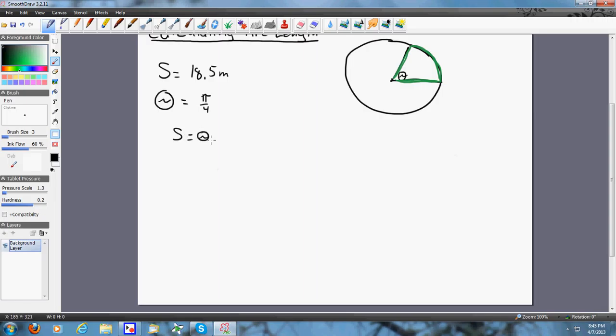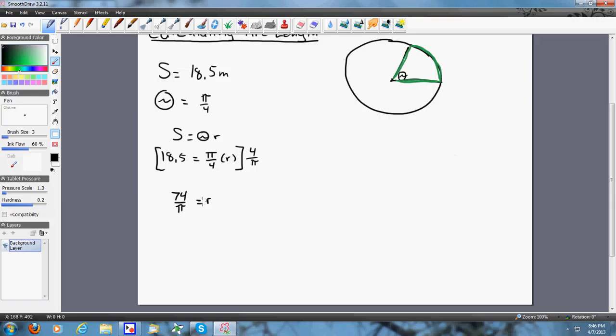Well, you always start off with your formula, and it's 18.5 equals pi over 4 times r. You need to get r by itself, so I'm going to multiply both sides by 4 over pi. When you do that, you get 18.5 times 4, 18.5 times 4 is 74 over pi equals your radius.